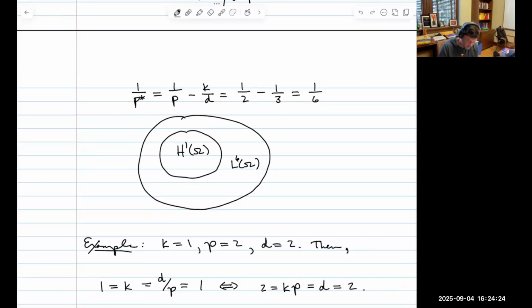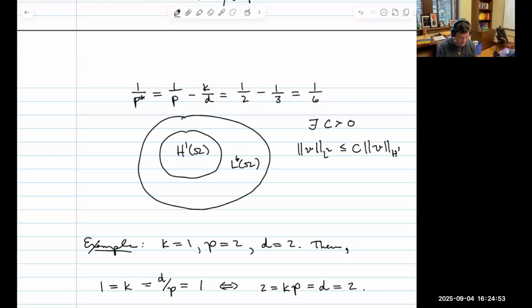And of course, we also know that we have this estimate, right? So there's some constant such that the H1 norm of V dominates, in some sense, this norm. Well, you have to multiply by a constant, but it dominates this norm. Okay, so there exists some constant, not necessarily unique, right?